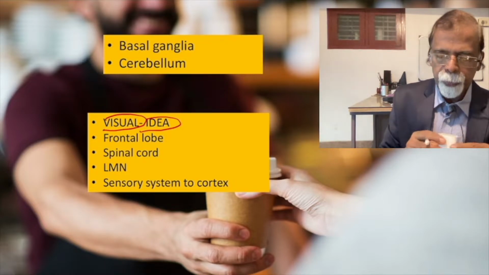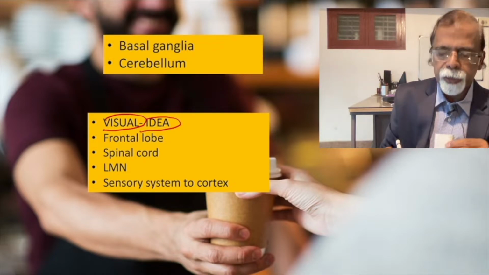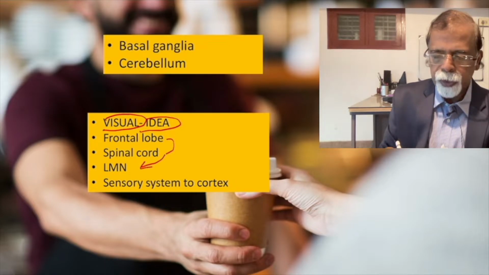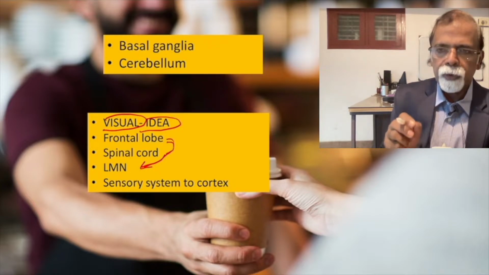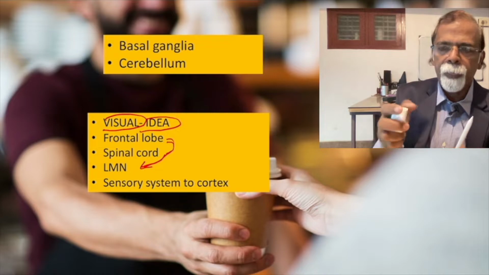So the impulses are generated, or the idea is generated, in the frontal lobe, and from the frontal lobe impulses travel down to the spinal cord to the lower motor neuron, and this pathway is the upper motor neuron. The lower motor neuron gives the appropriate impulses so that the muscle contraction occurs and you are able to hold the object. Once I hold the object, what happens?